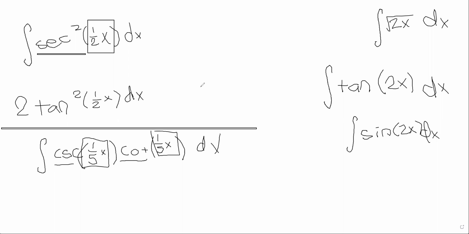We could generalize it and say this is just going to be cosecant of u times cotangent of u. So we want to ask ourselves, what is the antiderivative of cosecant cotangent of any variable or any generic function? Well, we know that the antiderivative of negative cosecant times cotangent would be cosecant.